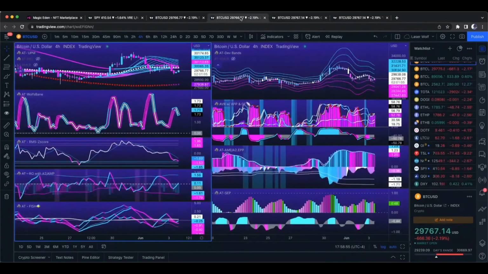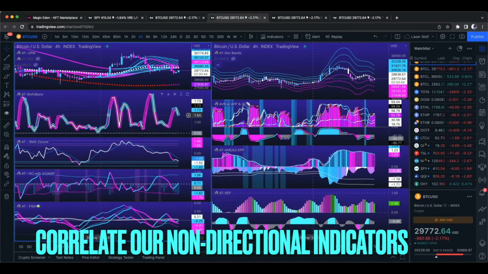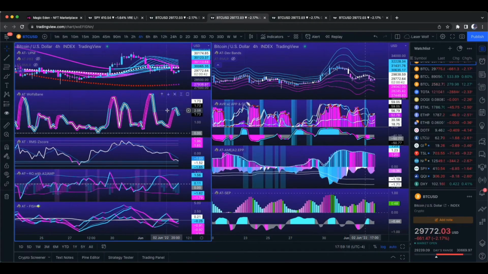And once it's time to move forward, the entropy's correlated, right? Any indicators we have that aren't directional oscillators, like log return z-score, returns oscillator, the Fishers, everything else, we're going to correlate, right? Because variance is not a directional indicator until you correlate it.